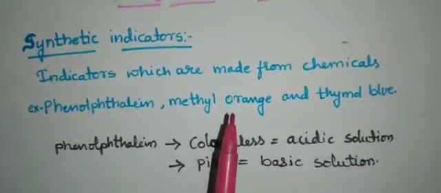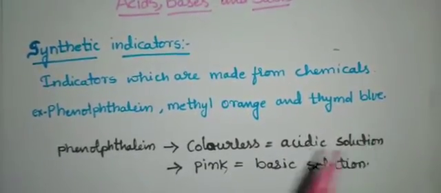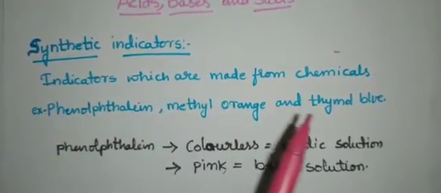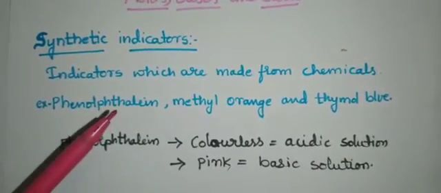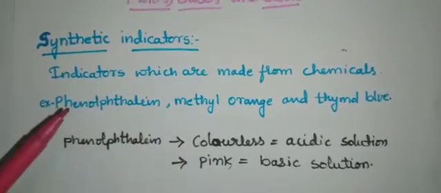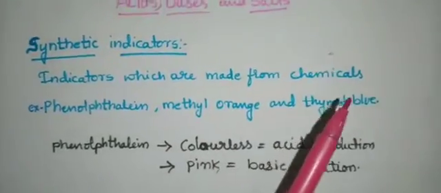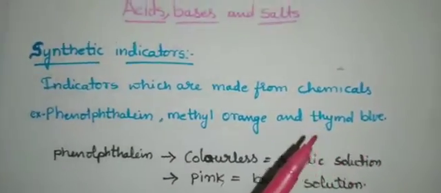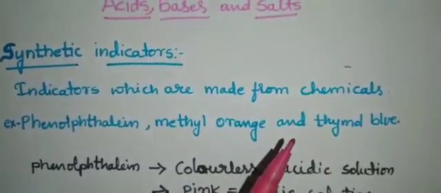These are manufactured in the laboratory by using chemicals. Once again, I'll repeat: phenolphthalein, methyl orange and thymol blue. These are the examples of synthetic indicators.